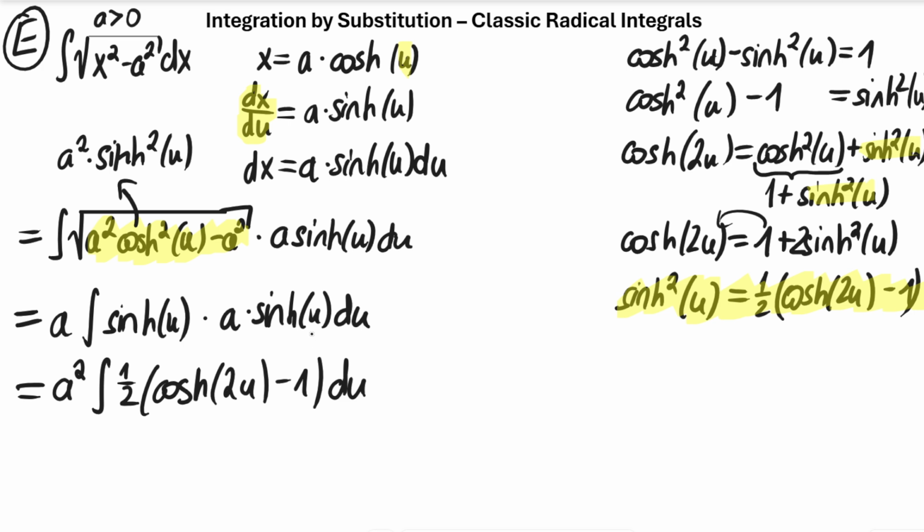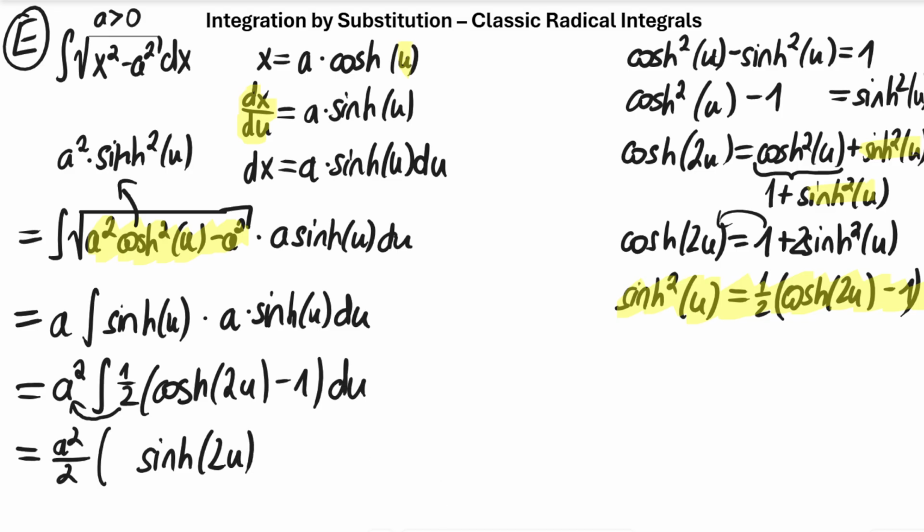So this is directly integrable. So what is the integral? The 2 I wrote into the front, and now the hyperbolic cosine integrated is simply the hyperbolic sine.